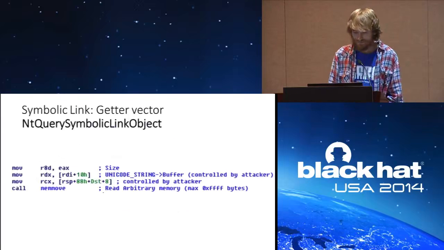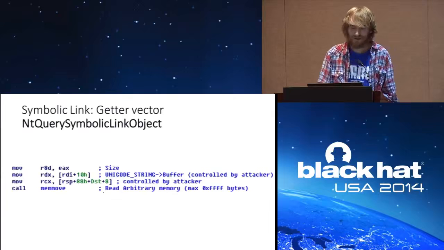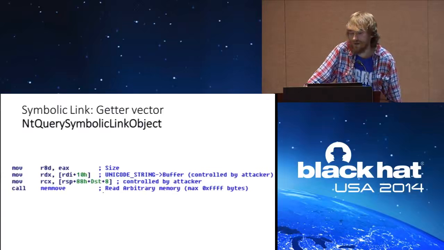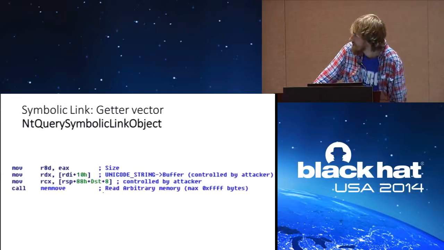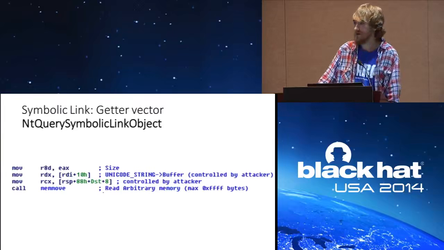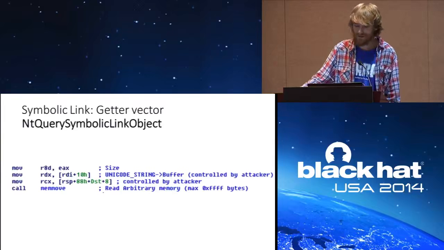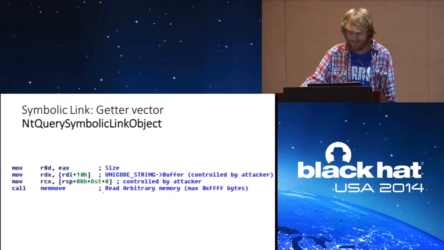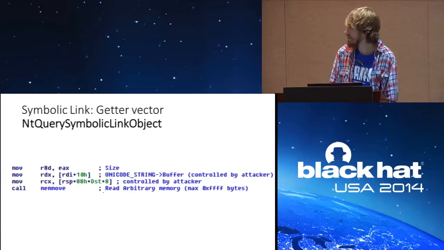For example, talking about getters and setters, getters are mostly good for arbitrary read primitives, for example, the symbolic link object. This object contains a Unicode string, and the Unicode string contains a buffer, and the maximum size is the maximum word, so FFFF bytes. So this primitive gives you reading of arbitrary memory.